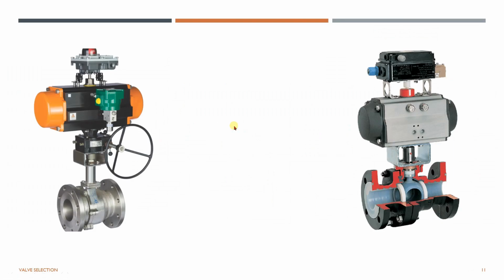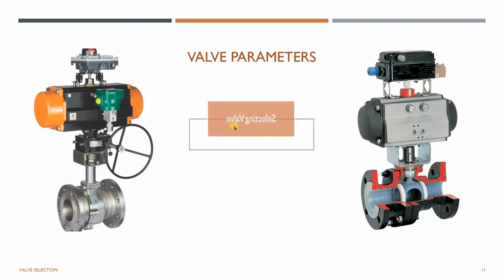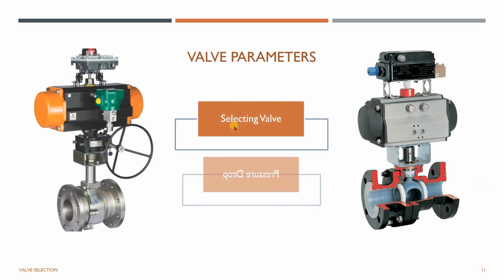Alright, so what is the process you go through for valve selection, and what parameters are very critical for that? Selecting a valve is nothing but, are you selecting a globe valve, a butterfly valve, or a ball valve? That's your first step. Then, how much pressure drop should there be after you select a valve, against what you have in the tabular column?